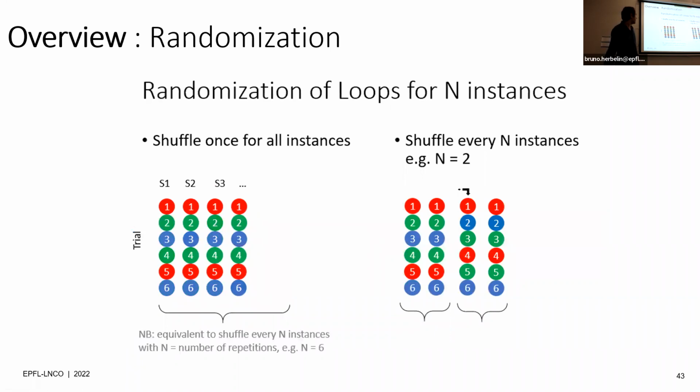You can also shuffle only once for all your subjects. It can be because you want them to have randomized conditions, but you want them all to have the same randomization. Or you can say, maybe I will just re-randomize every 2 subjects, because you want to counterbalance things and do a very particular setup.